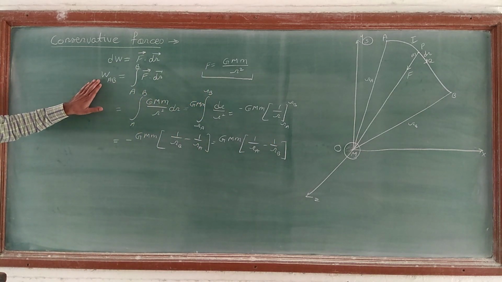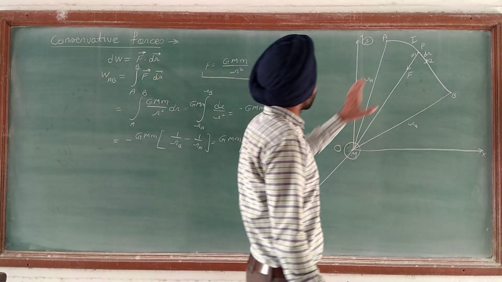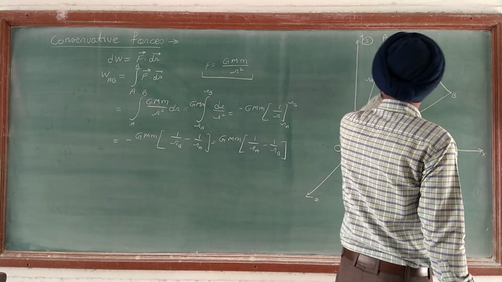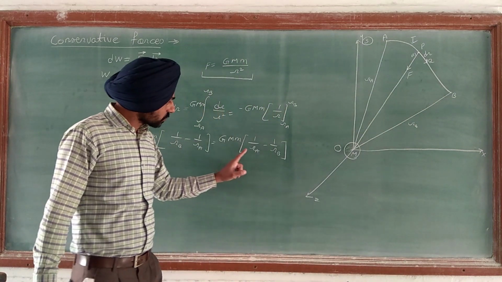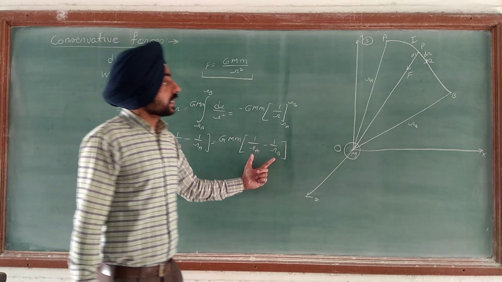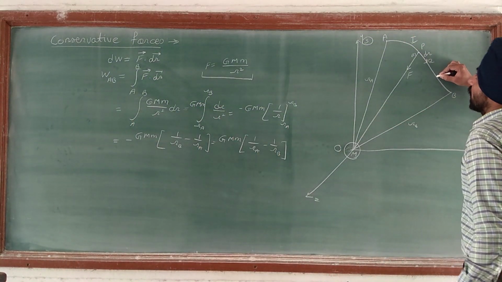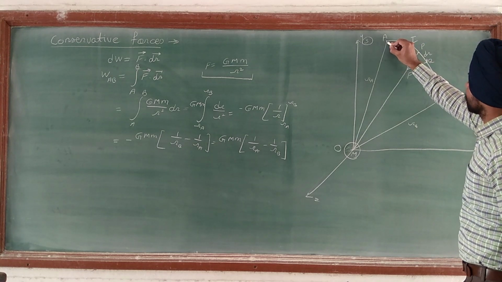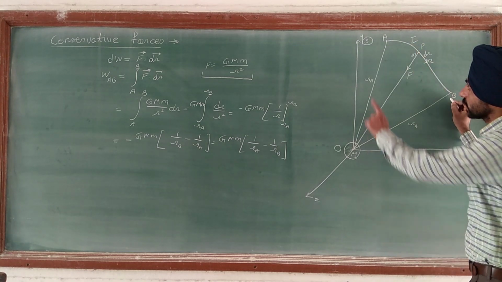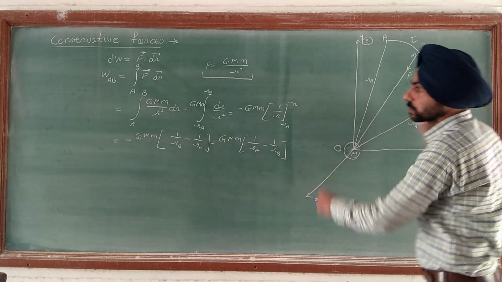So this is the work done by the force for moving the particle from point A to B along path 1, which depends upon Ra and Rb. That means it is independent of the path followed by the particle but depends upon the initial position and final position, Ra and Rb in this expression.